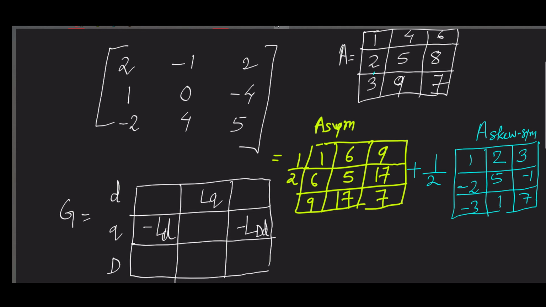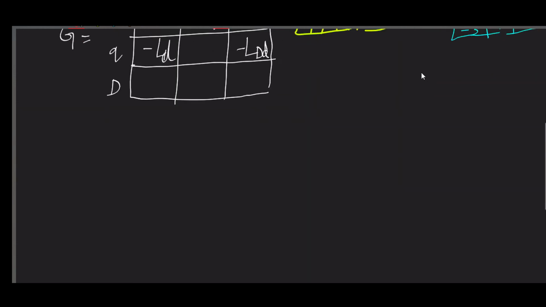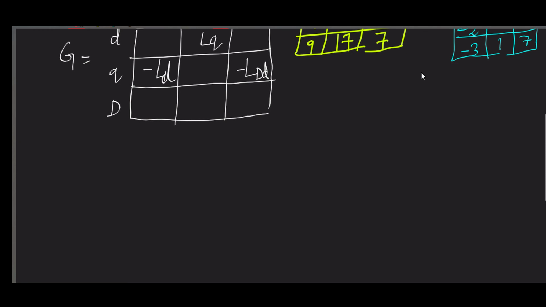Clearly this is not symmetric, but if we divide it into symmetric and skew symmetric parts, what will we get? This will be half.